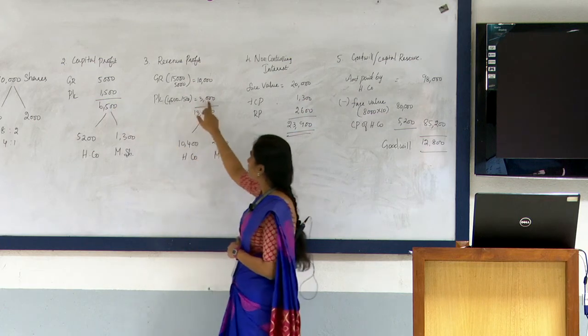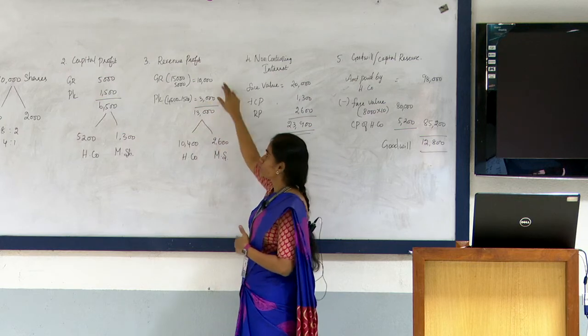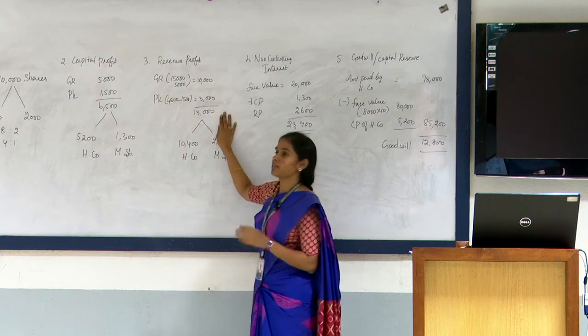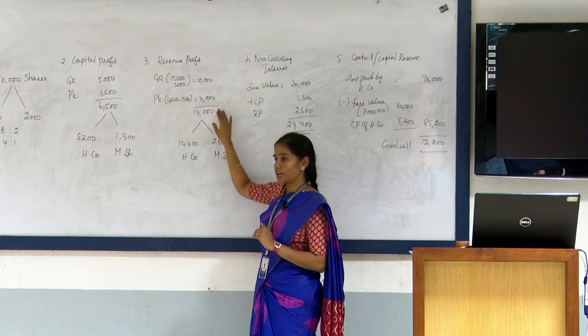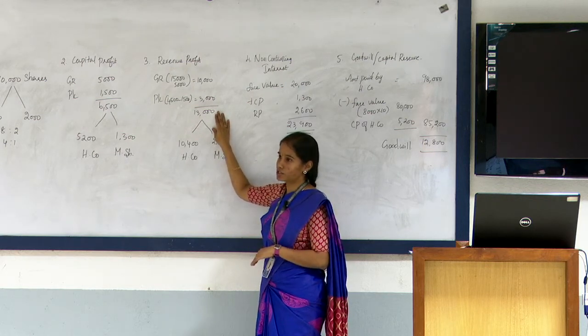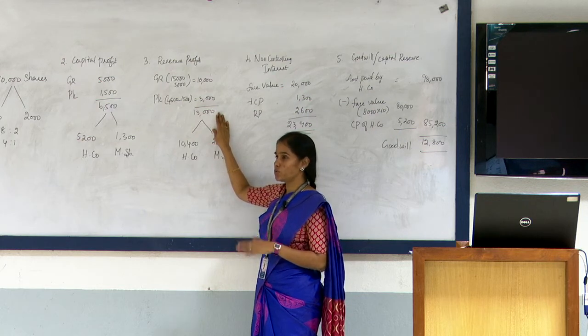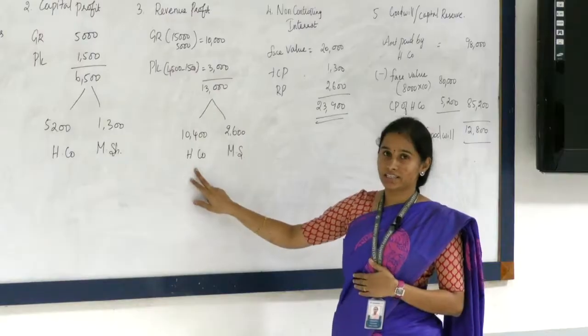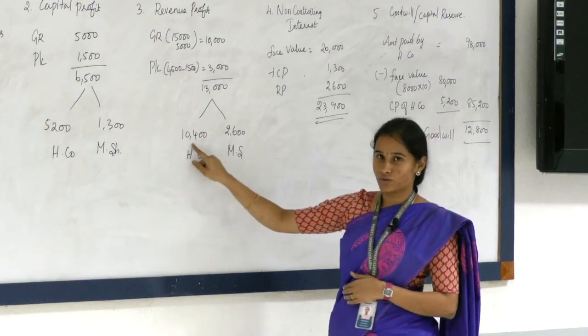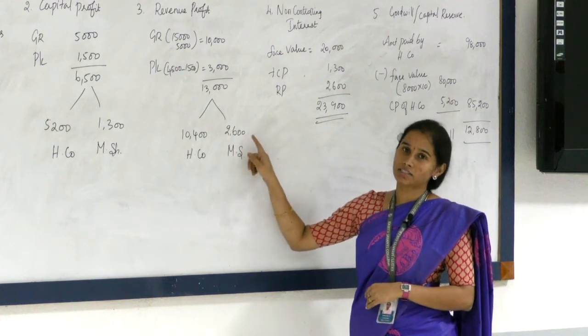So, 3,000 will be the profit after the date of acquisition. So, total revenue profit will be 13,000. After the date of acquisition, it also has to be distributed in the ratio of 4:1. So, the holding company will get a revenue profit of 10,400 and minority shareholders will get 2,600.